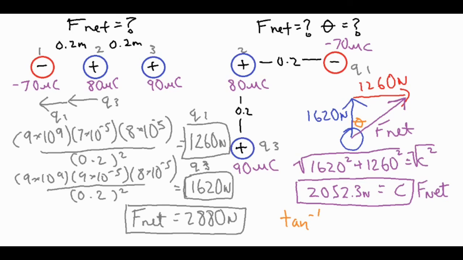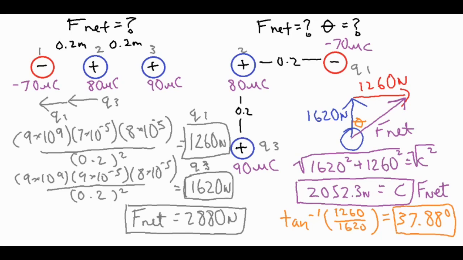You could use the inverse of sine, cosine, or tangent, but I'll just use tangent because I originally had the opposite and adjacent sides anyway. So the opposite of that angle is the 1,260, and my adjacent side is the 1,620. Pop that into my calculator, press enter, and then I get 37.88 degrees as my final direction. So now I have my magnitude and my direction.